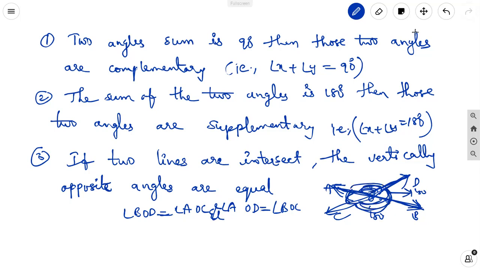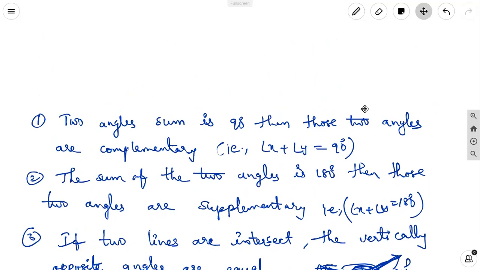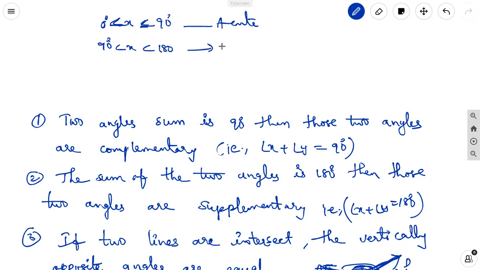Okay. And we know the basic concepts: when the angle is between 0 degrees and 90 degrees, it is an acute angle. 90 degrees to 180 degrees is an obtuse angle. Exactly X equal to 180 degrees is a straight line.